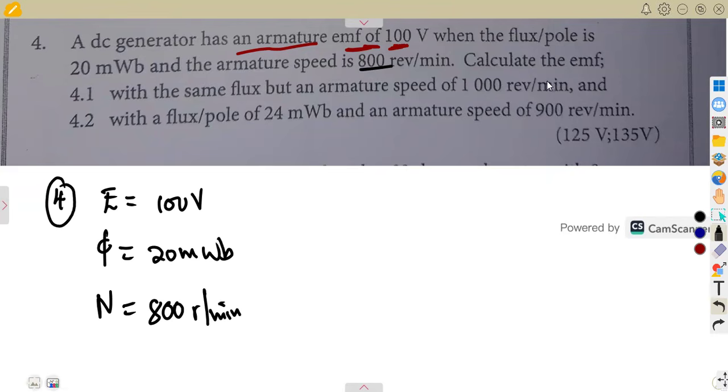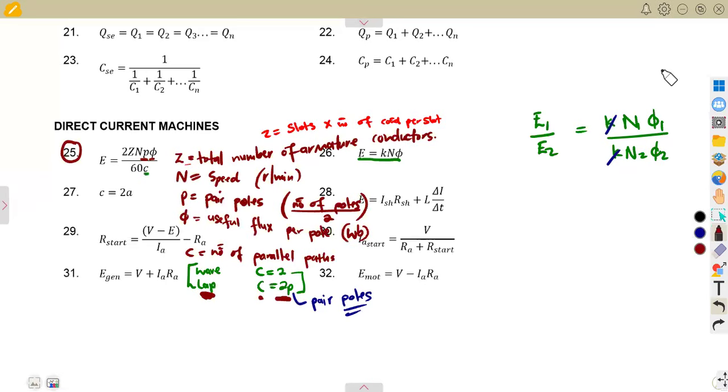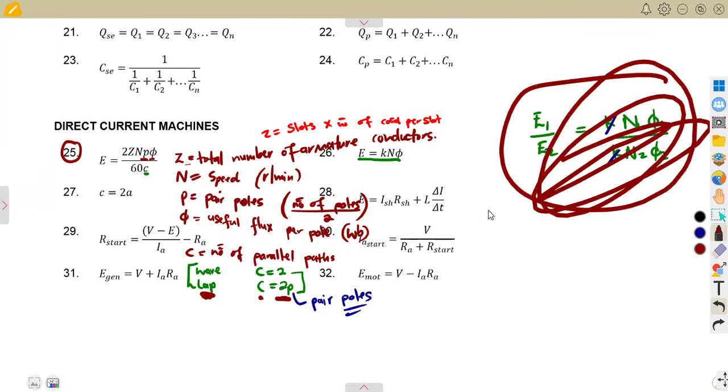Calculate the EMF. So guys, look here. We already have the EMF, but they're saying calculate the EMF. Why? If you check 4.1, with the same flux, but the armature speed of... So this now is the type of question that we discussed, where the conditions have changed.